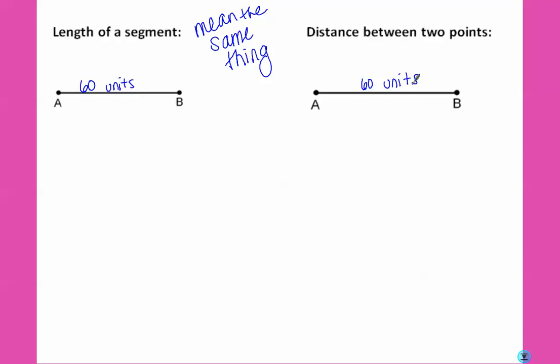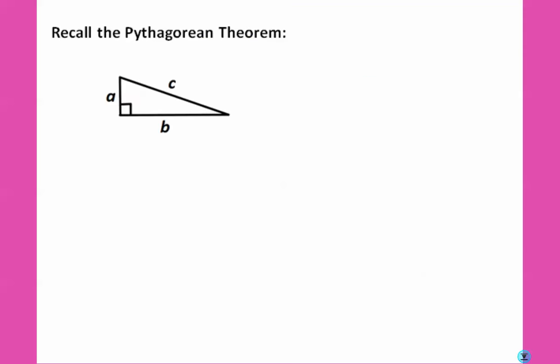Now let's look at different ways we can find the length of a segment or the distance between 2 points. Think back to the Pythagorean Theorem. This is for finding the lengths of the sides of a right triangle.